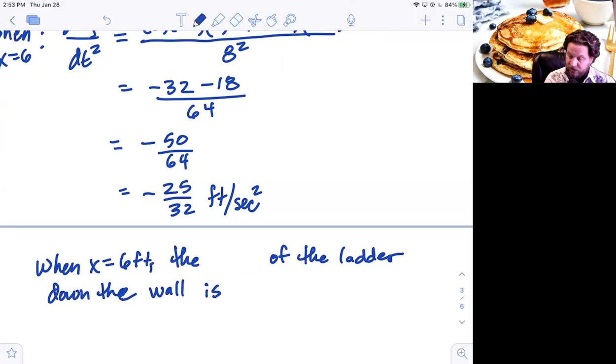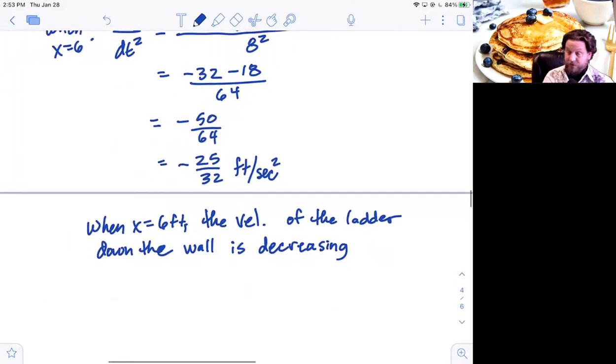Instead of saying speed, let's make it more of a vector statement. Because we can say the speed of the ladder down the wall is increasing, but let's do the velocity of the ladder down the wall is now what, Tim? Decreasing. The speed down the wall is increasing, but the velocity down the wall is decreasing because acceleration is the rate of change of velocity. And if it itself is negative, velocity is decreasing.